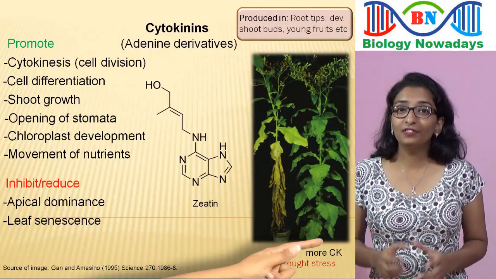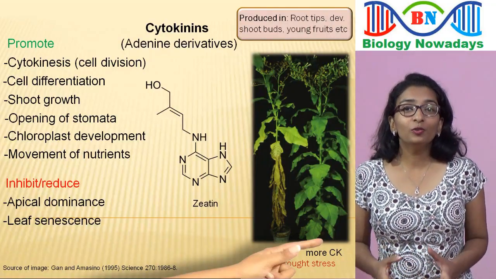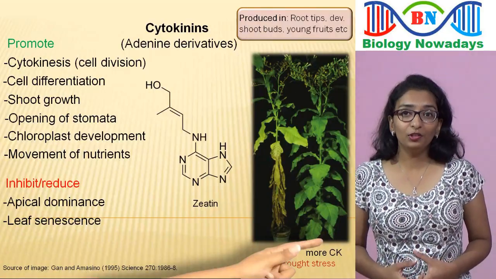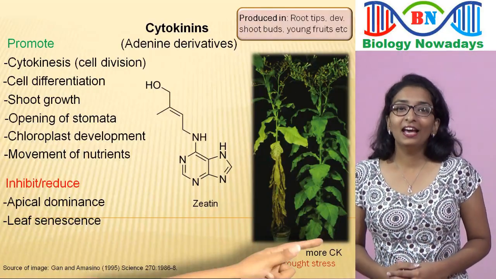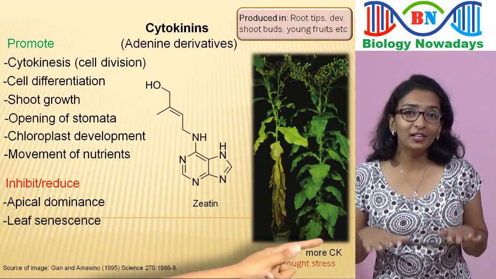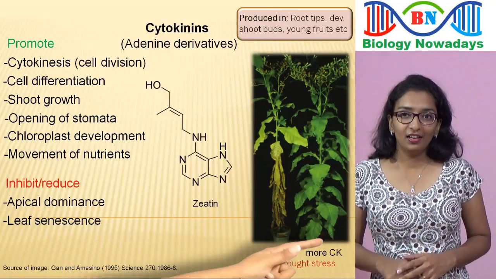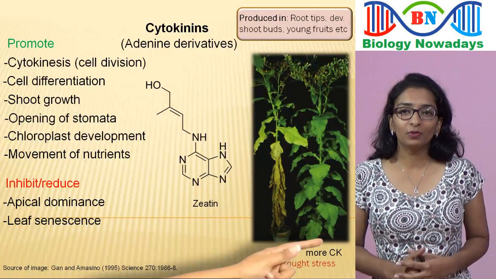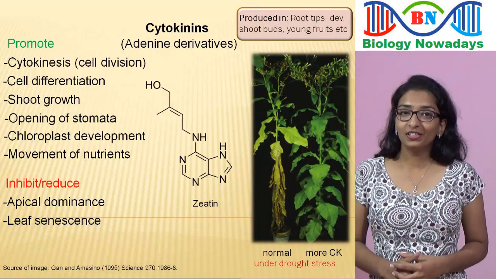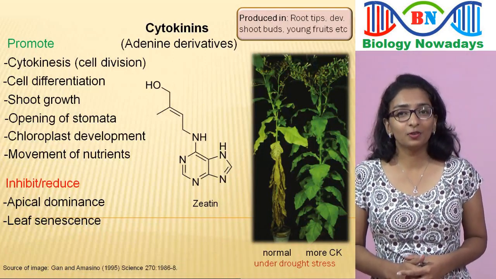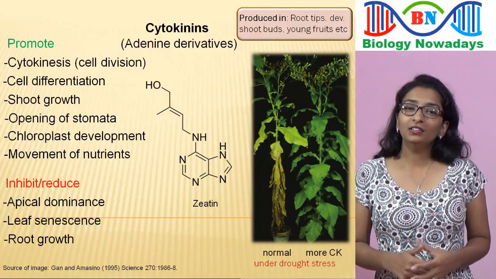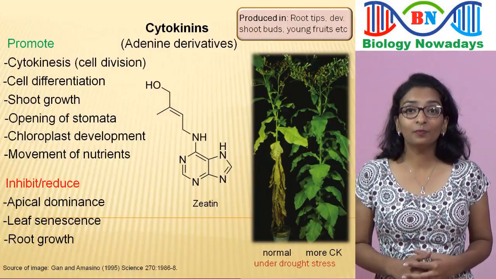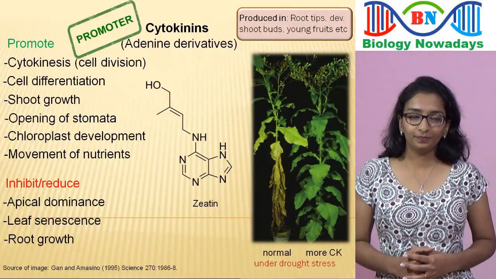The specialty of this plant is that during drought stress, it can produce more cytokinins, and since cytokinins reduce aging of leaves, the leaves are greener and healthier than the normal plant. However, cytokinins inhibit root growth. But overall, cytokinins are promoters of plant growth.